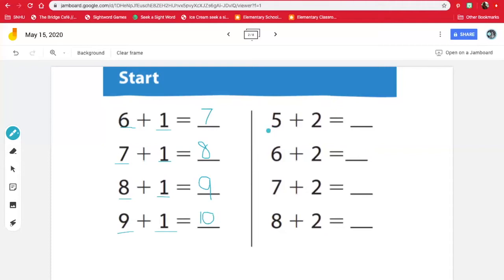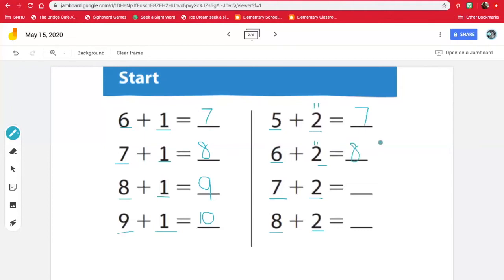Now here, the addend increases by 1, and the second addend stays the same. So let's put 5 in our calculator and count on by 2. 5, 6, 7. 6, 7, 8.